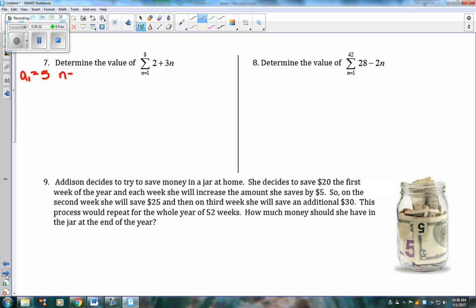We're looking for A and B. N is the number on top. So in this case it's 8. And then I have to find a sub 8. So I need to plug in 8 for n.